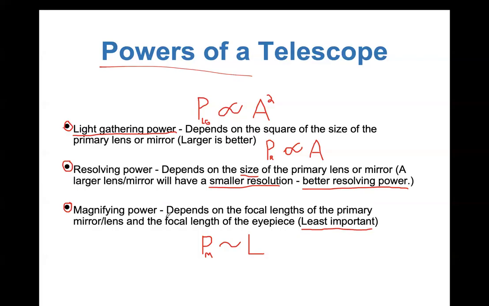So astronomers basically have just given up on magnification and moved on to other ways to investigate the cosmos, other ways to analyze things. Okay.